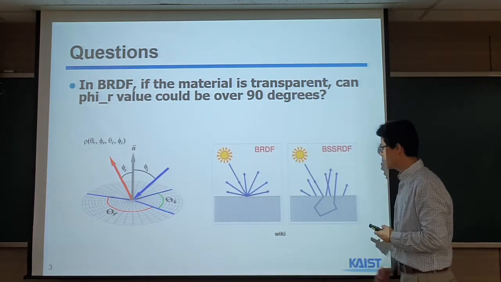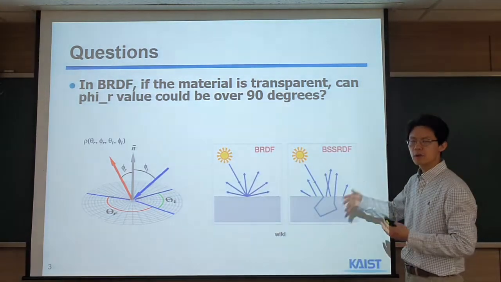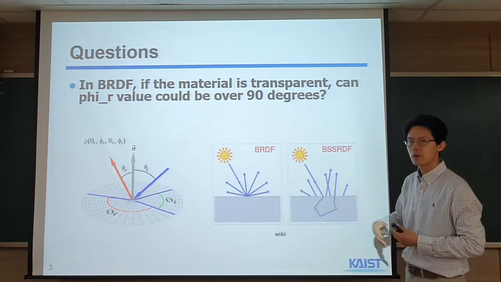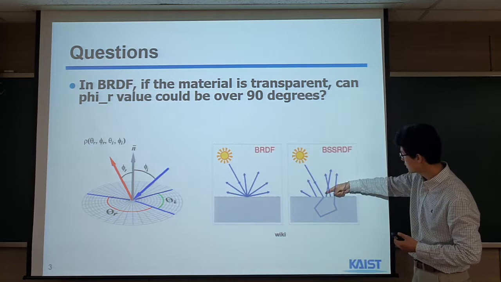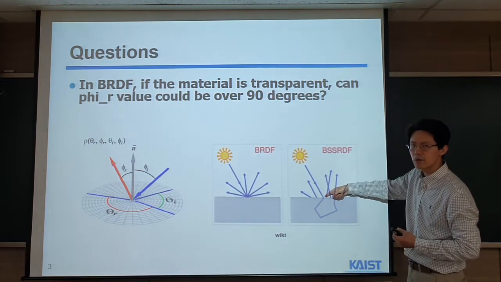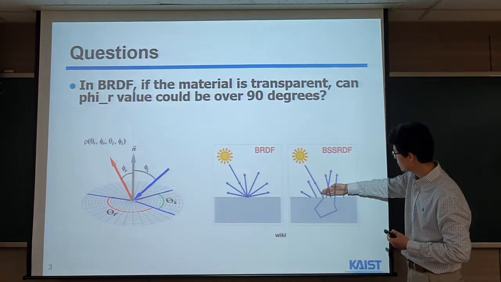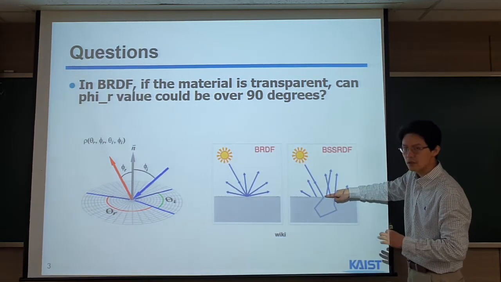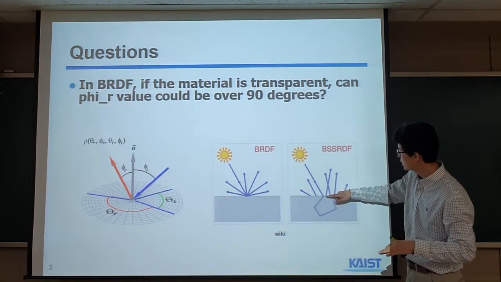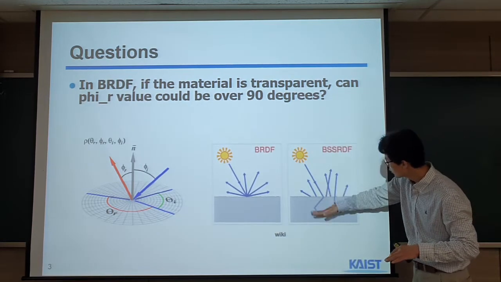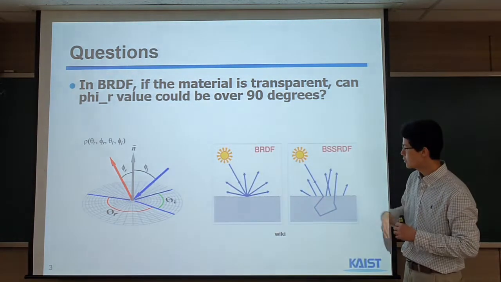But in the case of a transparent model, for example human skin or the lips, once the photon hits there, some of the photons penetrate the surface and travel within the internal structure of the material.